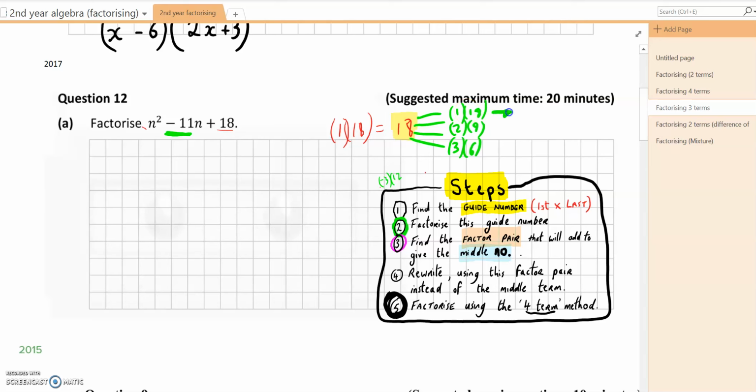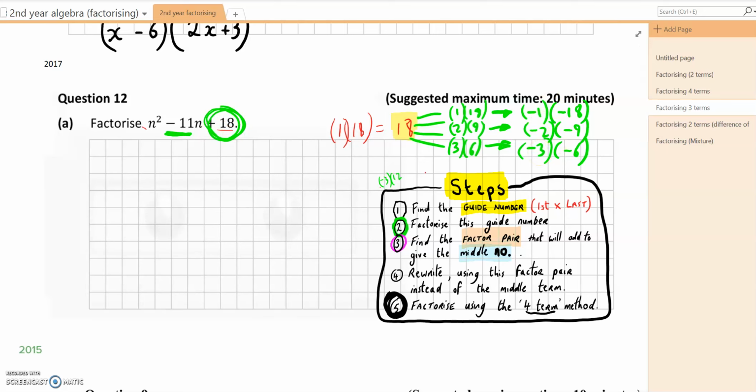More factor pairs, by the way. I'm just realizing this. Minus 1 by minus 18 would also give me plus 18, wouldn't it? And minus 2 by minus 9 would also give me plus 18. And minus 3 by minus 6 would also give me plus 18. So there's more factor pairs.